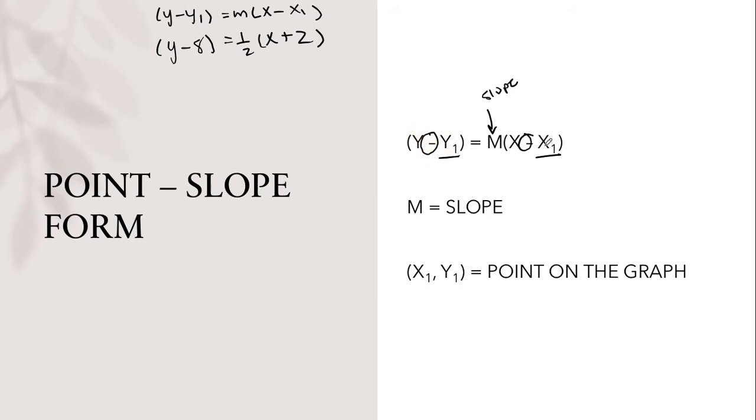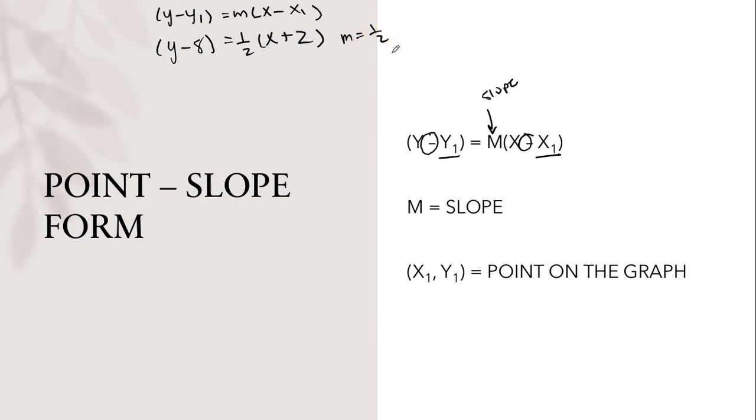Notice the formula has minus signs. That does not mean x and y are negative. This is just in the equation. So if you see y minus something, that number is a positive number. But if you saw y plus something, then you know that number was a negative number because if you plugged in a negative, that minus negative would make a positive. So up here, the slope is 1/2.